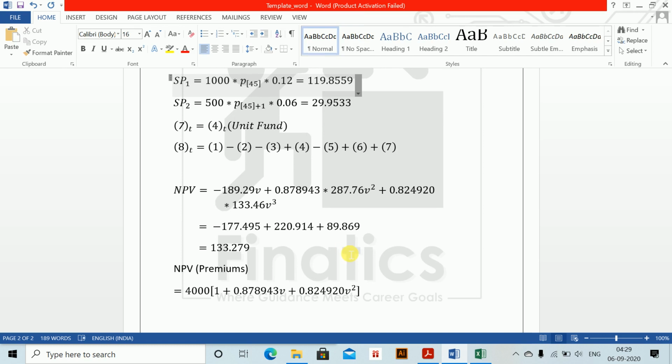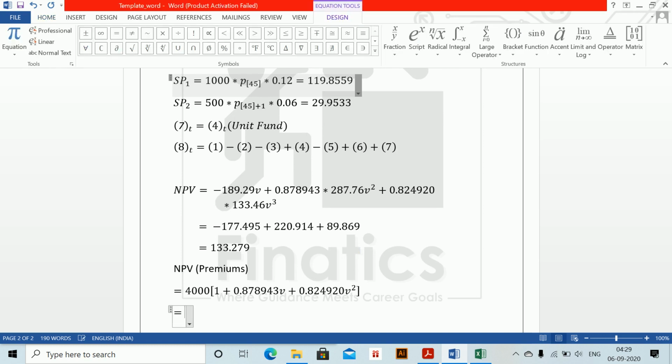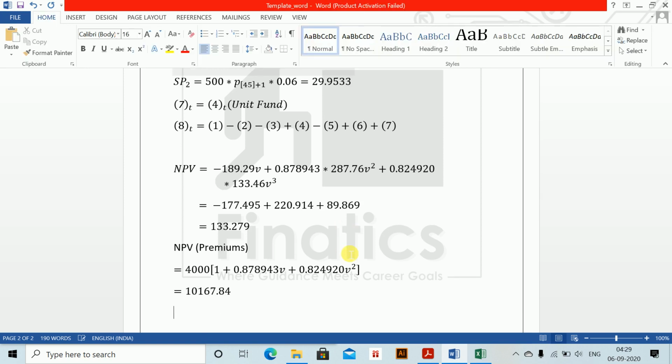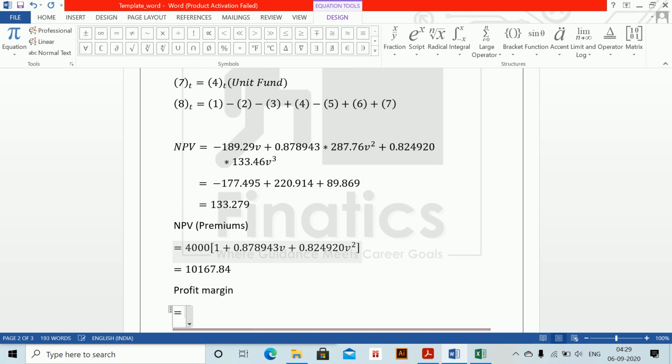So this is equal to 10167.84. Now next, profit margin is equal to 133.279 divided by 10167.84, which is equal to 1.31%.